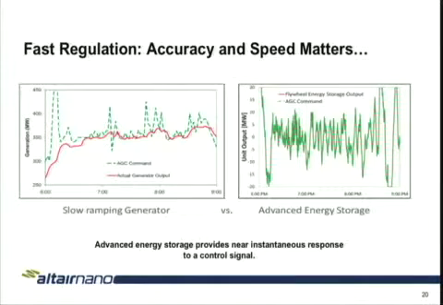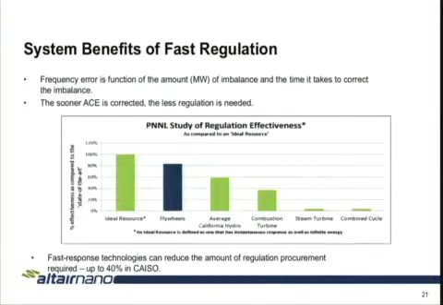Otherwise, lead acid gets extremely large. I looked at doing this with lead acid, and it was roughly a 50 by 100 foot building. This one is done with 20 megawatts, and it's going to fit within about an acre of land, as opposed to a 1 megawatt system.